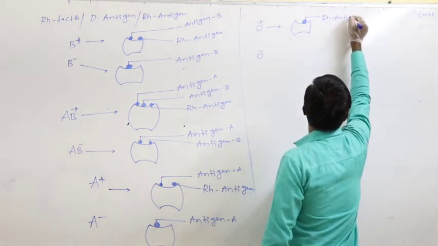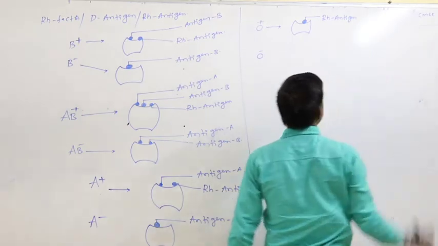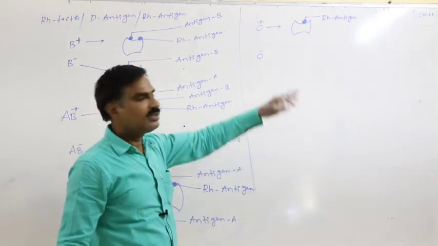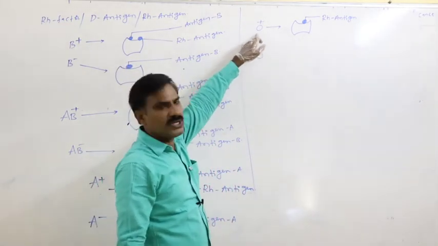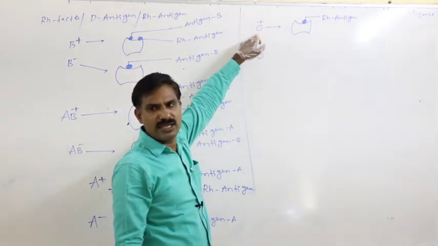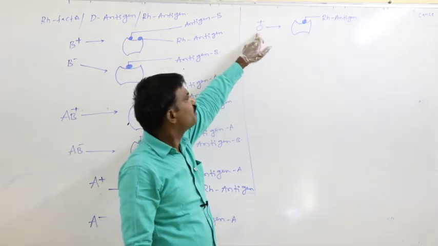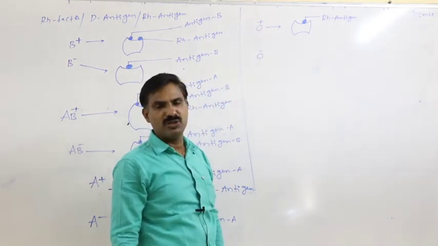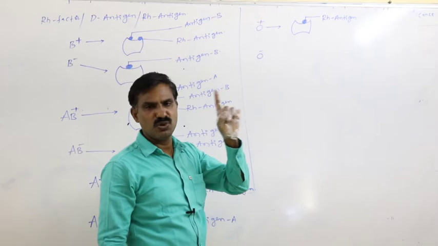If the Rh antigen is present, then that is said to be O positive, because on the surface membrane of the RBC normal antigens are absent. So only in an O positive blood grouped person is the Rh antigen alone present.